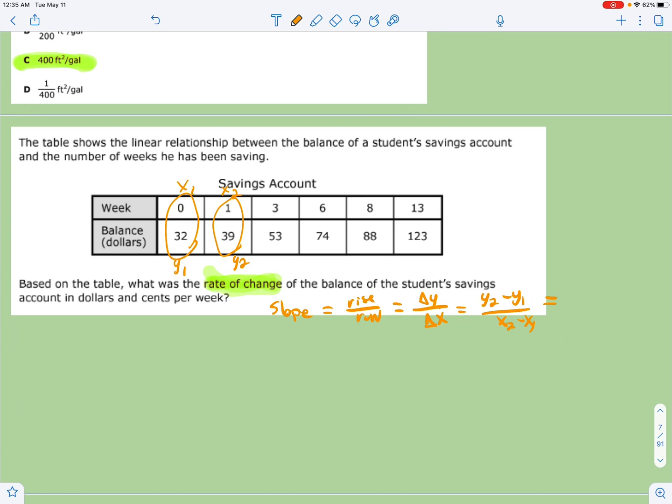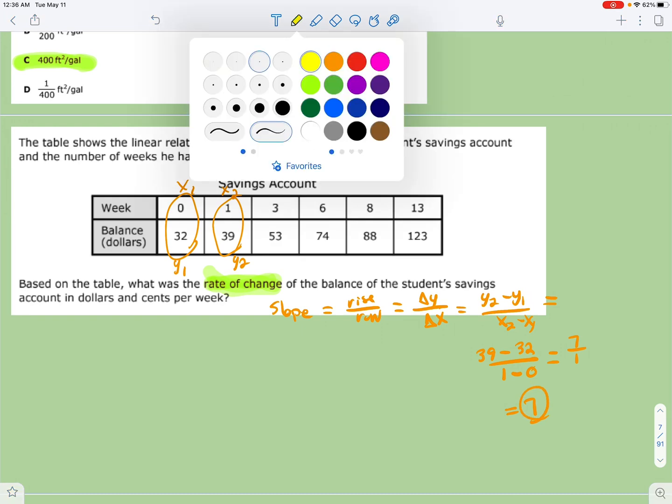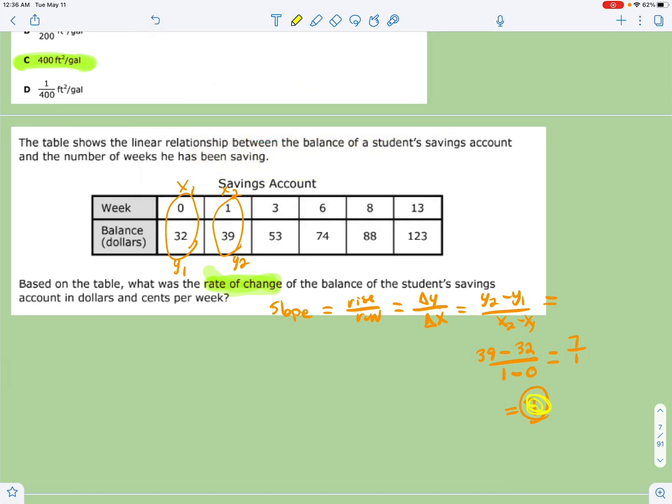So that we end up with 39 minus 32 over 1 minus 0, which gives us 7 divided by 1, or just 7, is our answer. All right, there's our 7.